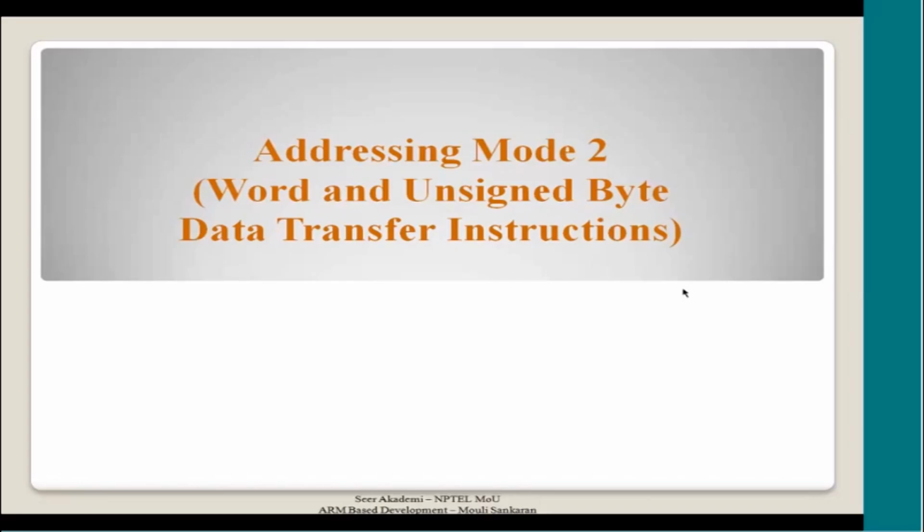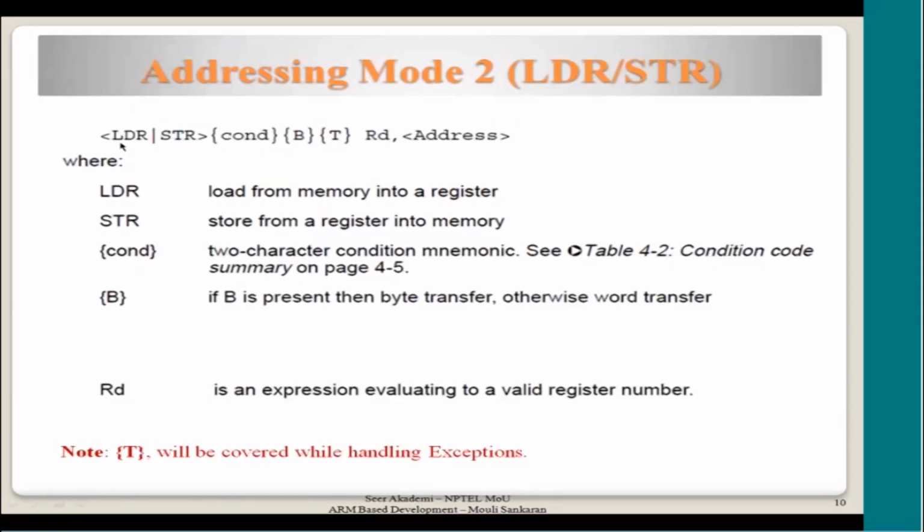Now let us see what is the generic format of this instruction. LDR is load register. This is store register. Load register means we are loading the register from the memory, so it is moving some data from memory to a register, executed based on this condition.